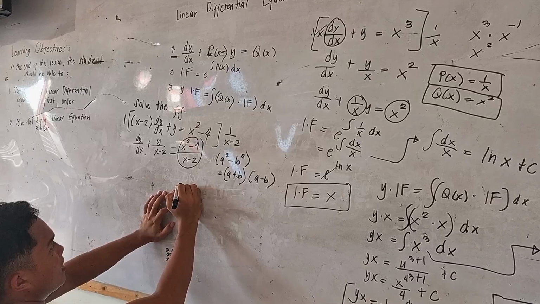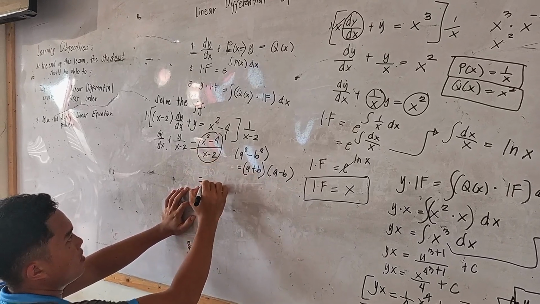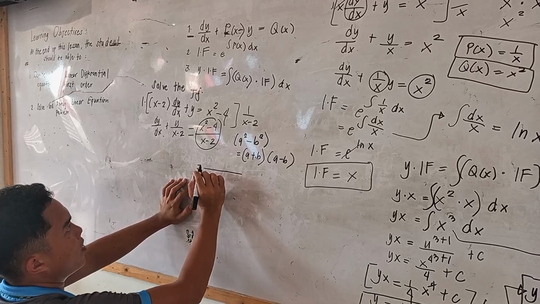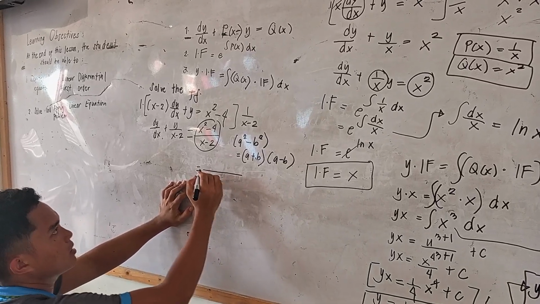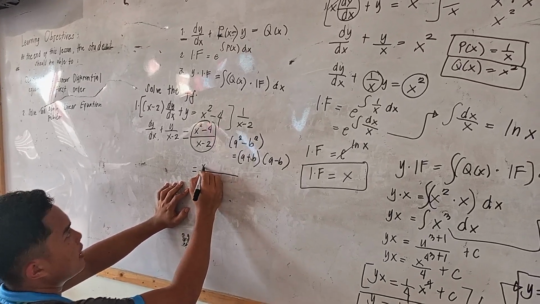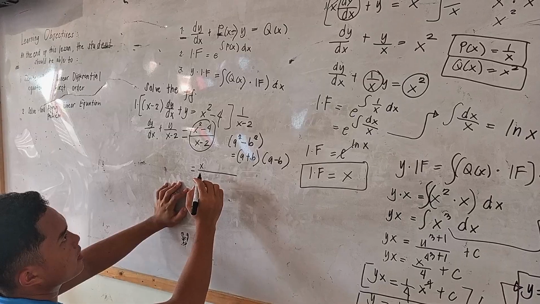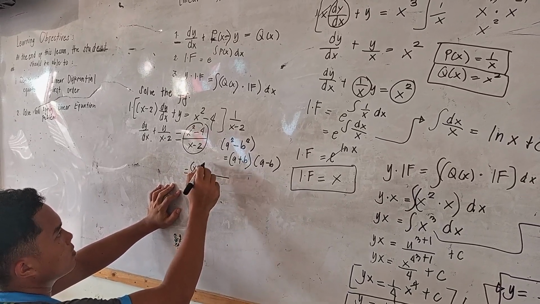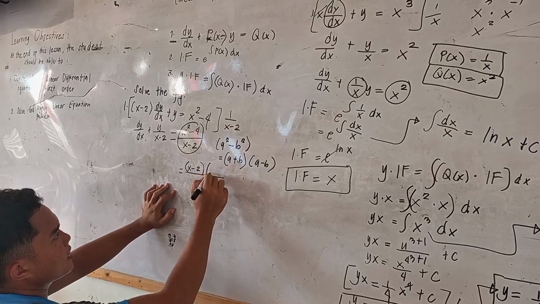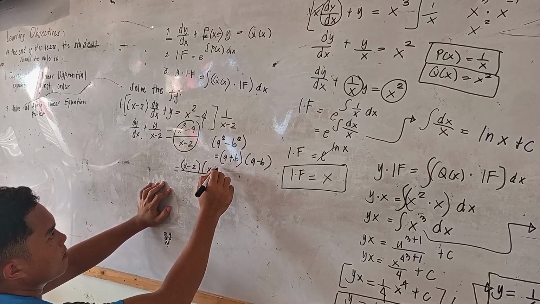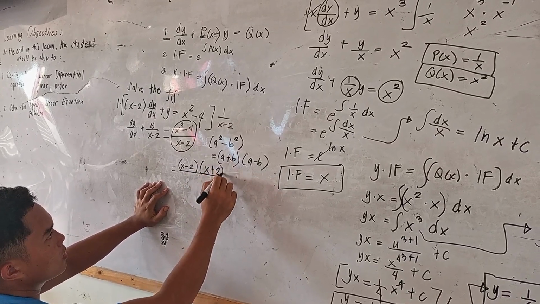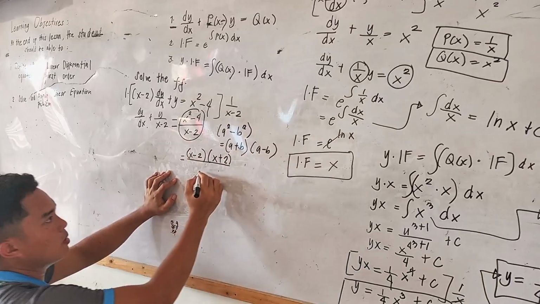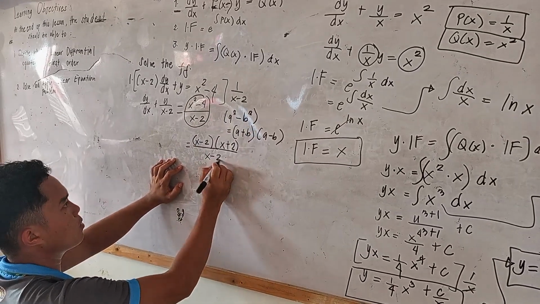So x squared minus 4 is simply in the form of x minus 2 times x plus 2. Then copy the denominator, which is x minus 2.